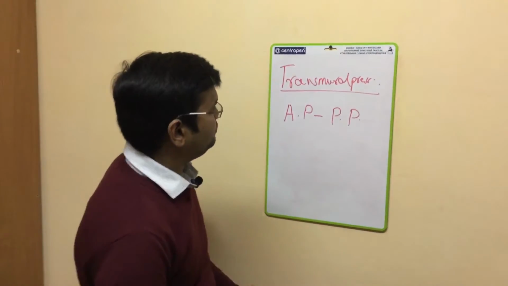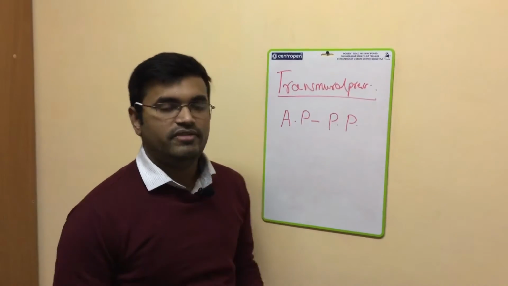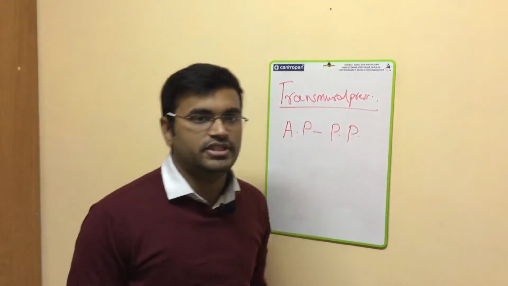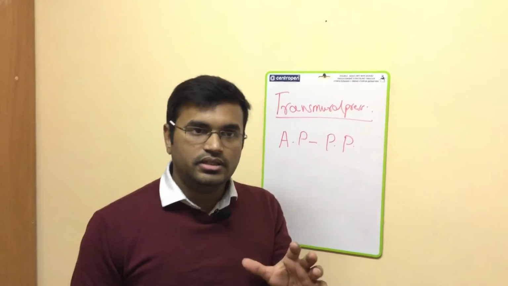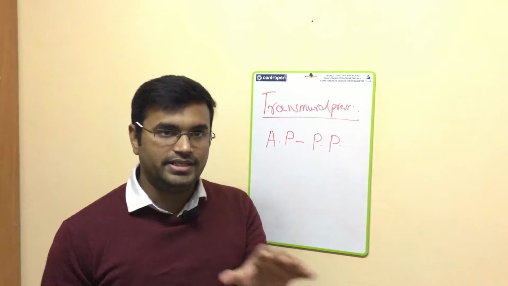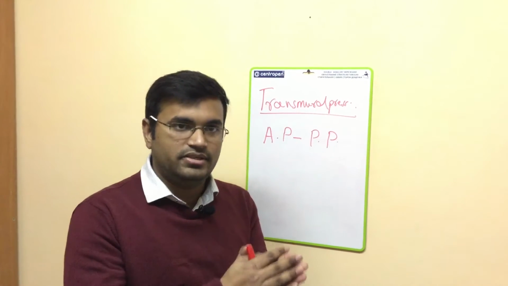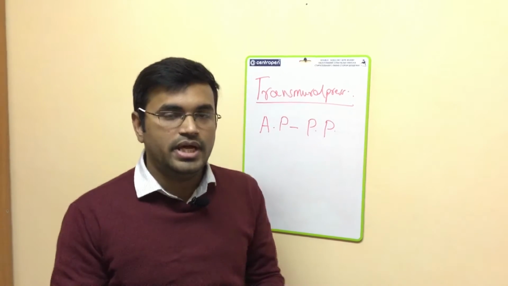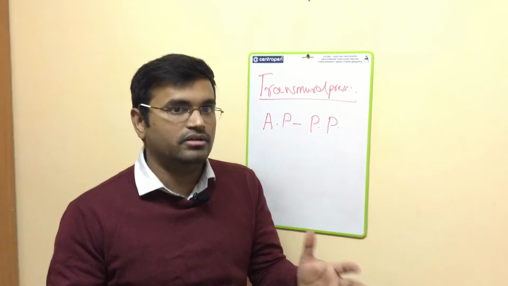Okay, now transmural pressure. Why do we need to study this transmural pressure? Because transmural pressure is the pressure which keeps the lung open, because I told previously that the lung has a tendency to collapse, so it will collapse if there is no pressure. There is nothing to save the lung from collapsing.